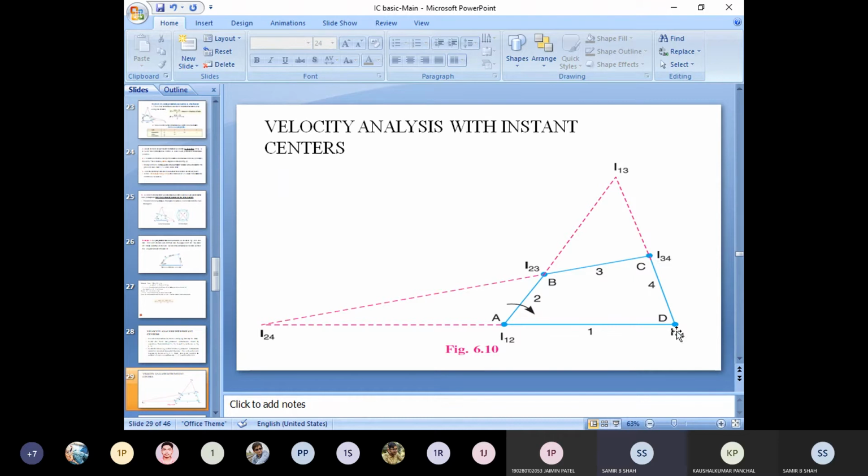These are the centers which are either fixed or permanent. Now we have created 4 centers, and 2 centers are remaining. Those are neither fixed nor permanent I centers, found by Kennedy's theorem, and this is done by the circle diagram.